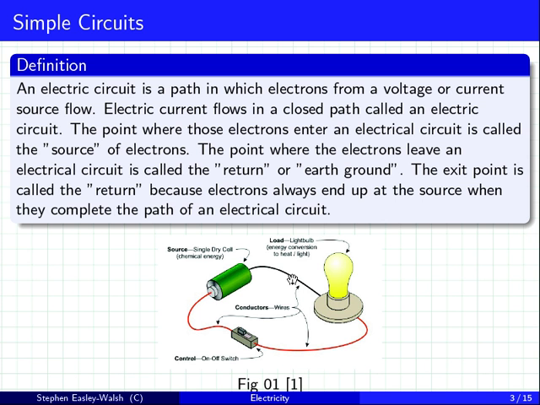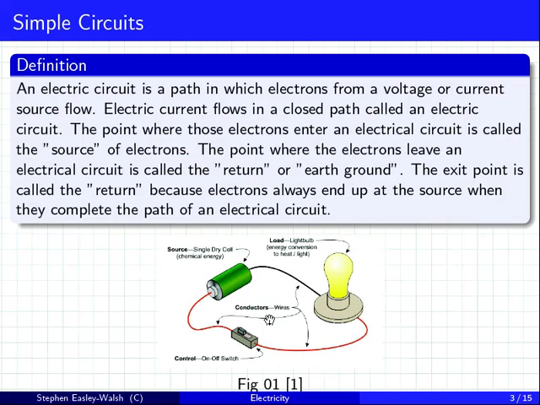The electrons come out, go in this closed path, and then re-enter or return at the other side. So this is a very simple circuit, right? You got your battery, you got your load, and you got your control.